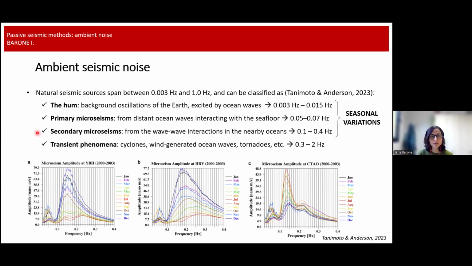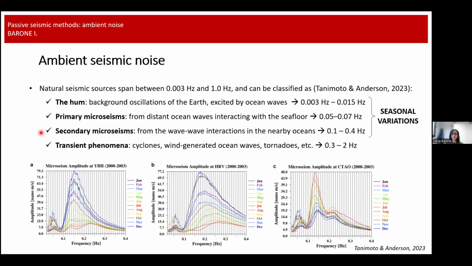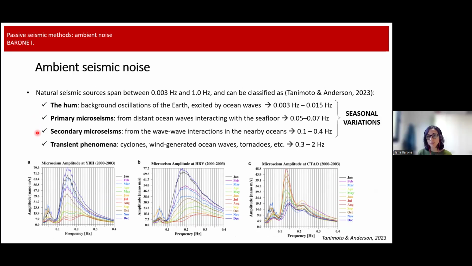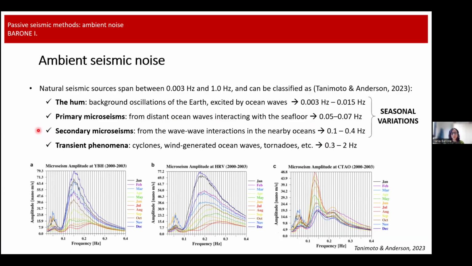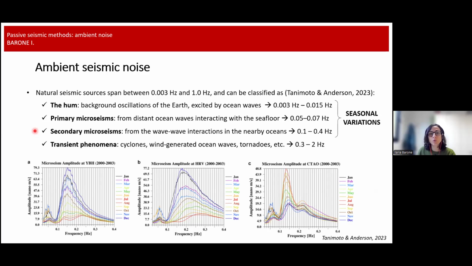Then we have the primary and the secondary microseismic ranges. The primary microseismic range includes all the vibrations that are generated from distant ocean waves that are interacting with the seafloor, and the frequencies are between, let's say, 0.05 Hertz and 0.07 Hertz. Then the secondary microseismic range has been demonstrated to be generated from wave-wave interactions.